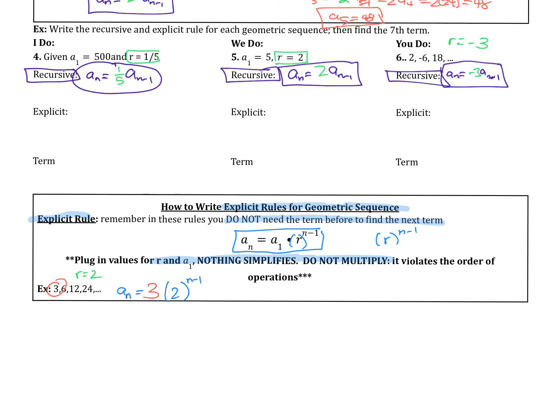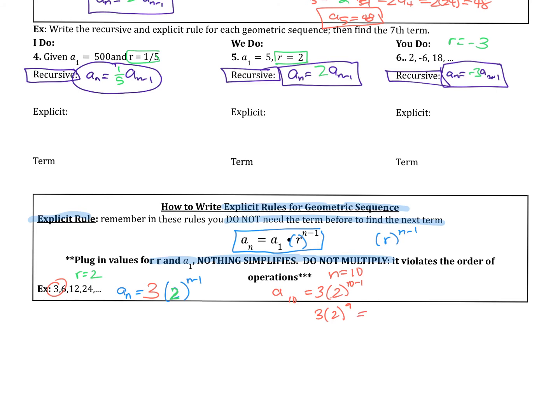And actually, I want that 2 to be green. If I asked you to find, let's say, the 10th term, we would just plug in n equals 10. So a sub 10 would be 3 times 2 to the 10 minus 1, 3 times 2 to the 9th.